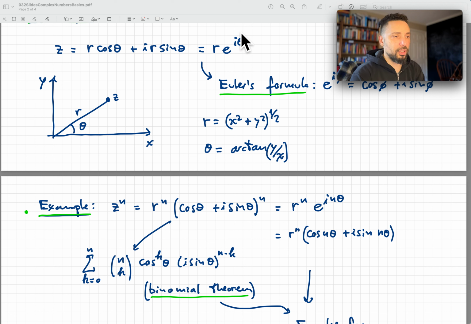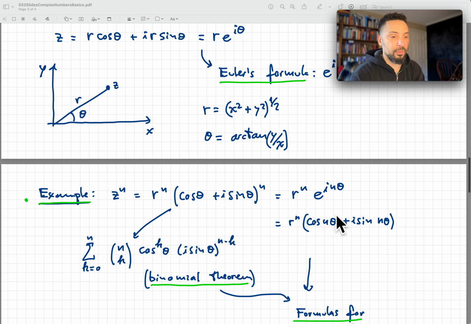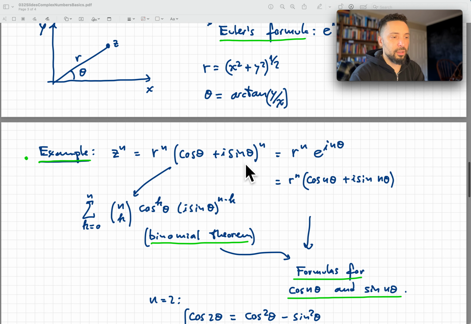On the other side of the equation, I can elevate that to the nth power as well, and I get r to the n times e to the i n theta. And now, using Euler's formula, this n theta becomes the argument of the cosine and the argument of the sine. And so this gives us some relationships between the cosines that would appear from elevating this to the nth power and the cosine and the sine of n times the angle.